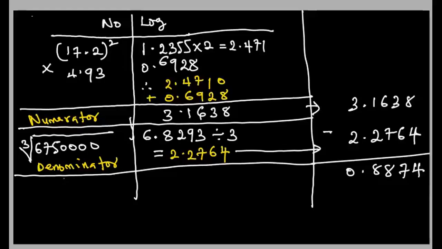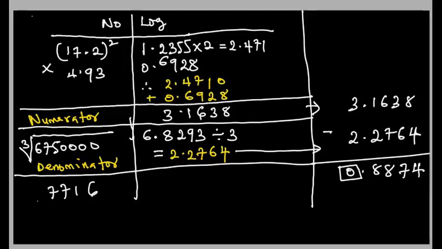So we have 7716. For the last step, the whole number here is 0, and like I said, for anti-log, the whole number always gets a plus 1. When I add 1 to this 0, it becomes 1.